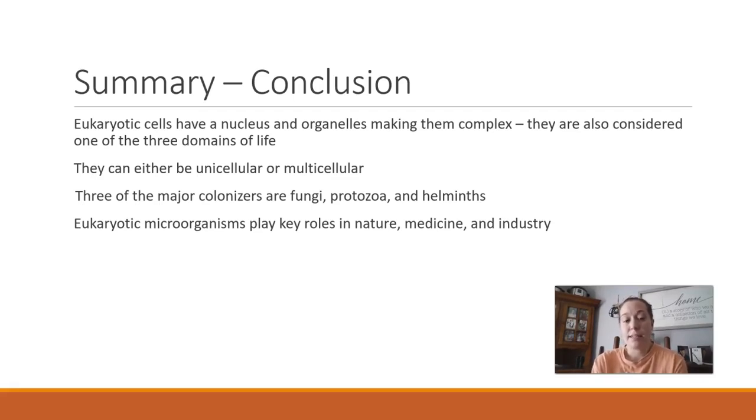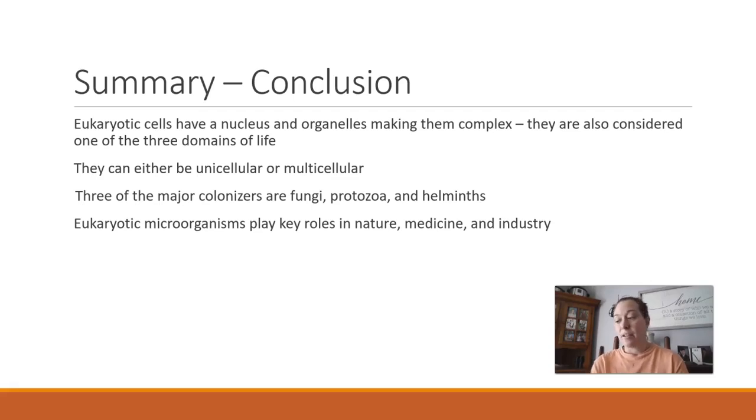We know that they can be unicellular or multicellular, which means they can have one single cell or they can have multiple. Three of the major colonizers are fungi, protozoa, and helminths. And eukaryotic organisms, like I just stated, play key roles in nature, medicine, and industry.